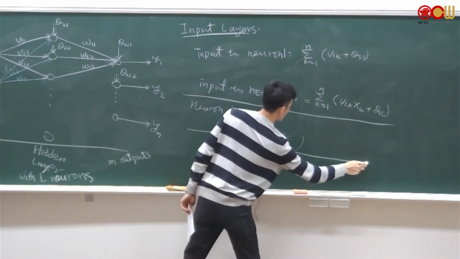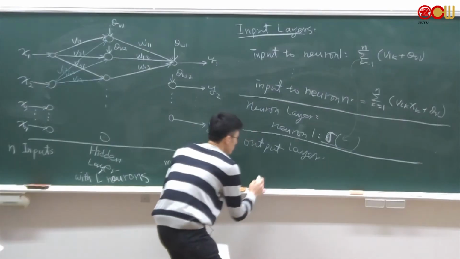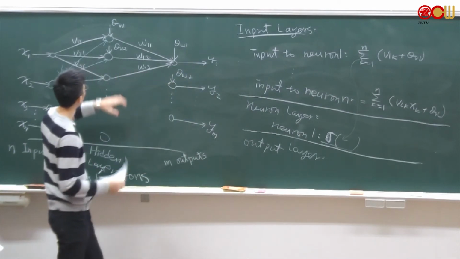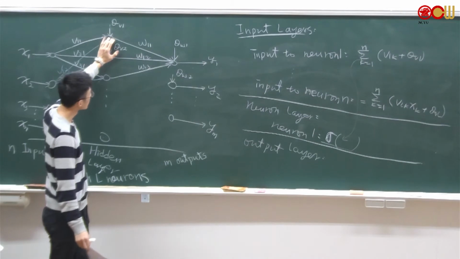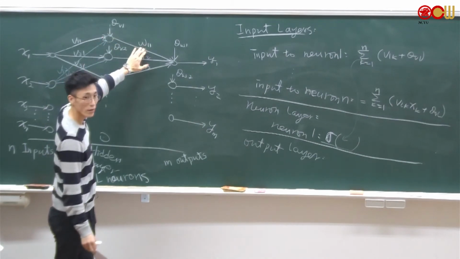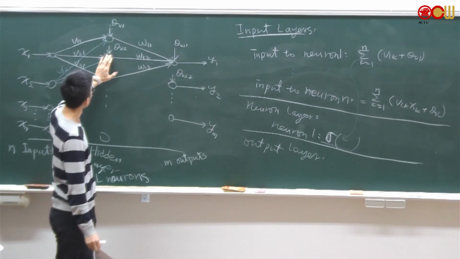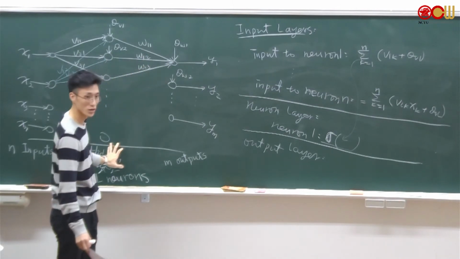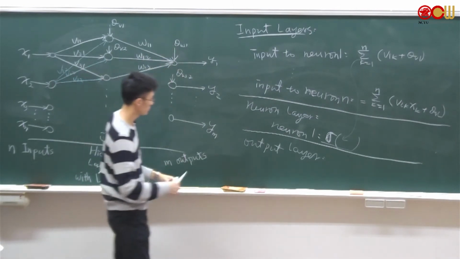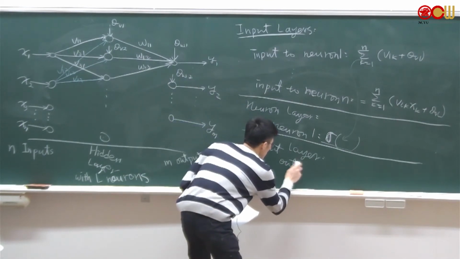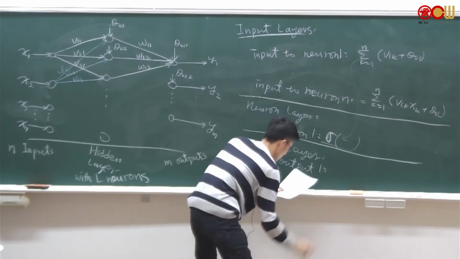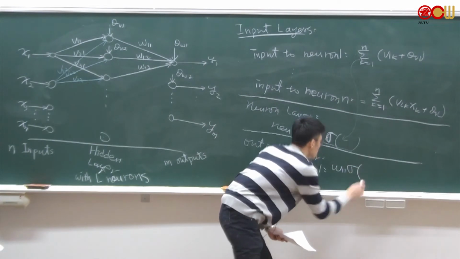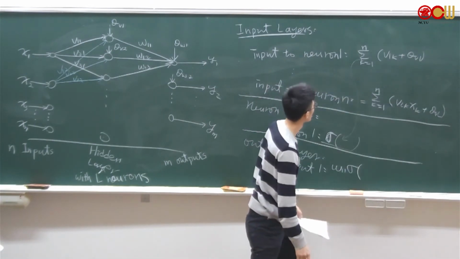For example, y1. How do we get y1? y1 is the output from the first neuron times W11, plus the output from this neuron times W12, plus all the way down to here and the offset term. So W11 sigma of this, from the first neuron.